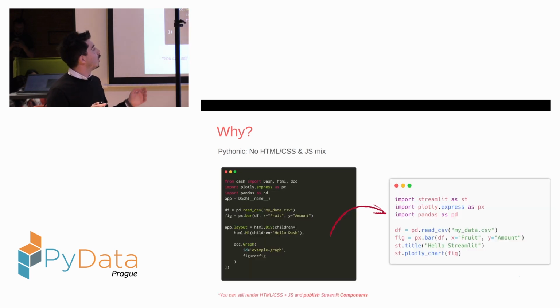Then what I love is, again, it's fully Pythonic. If you look at this comparison here, the left-hand side contains the code from Plotly Dash. It's really simple, I just would like to demonstrate it in a visual way.